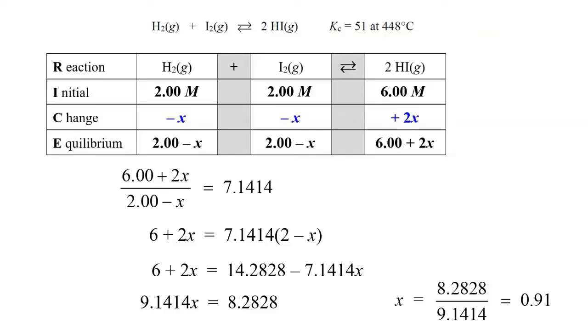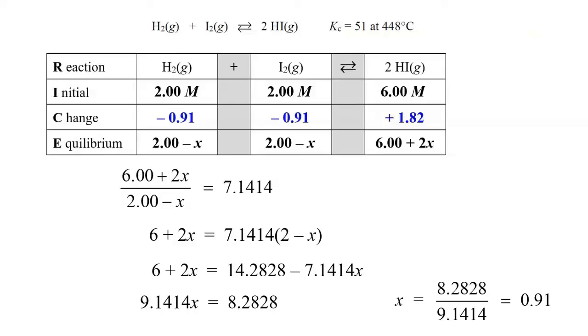Now that I know that the value of X is equal to 0.91, I go back to my RICE table and fill in the change row with actual numbers: 0.91, 0.91, and then 2 times that value, which is 1.82. This shows me that the concentration of hydrogen decreases by 0.91.